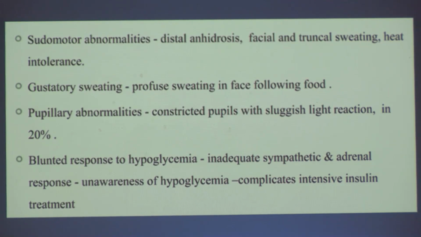Pupil changes like constriction of pupil and sluggish reaction in about 20% of cases. Then blunted response to hypoglycemia, that is the hypoglycemia unawareness. Okay, pseudomotor, distal anhidrosis, facial and truncal hyperhidrosis, gustatory sweating, pupillary abnormality, blunted response to hypoglycemia.